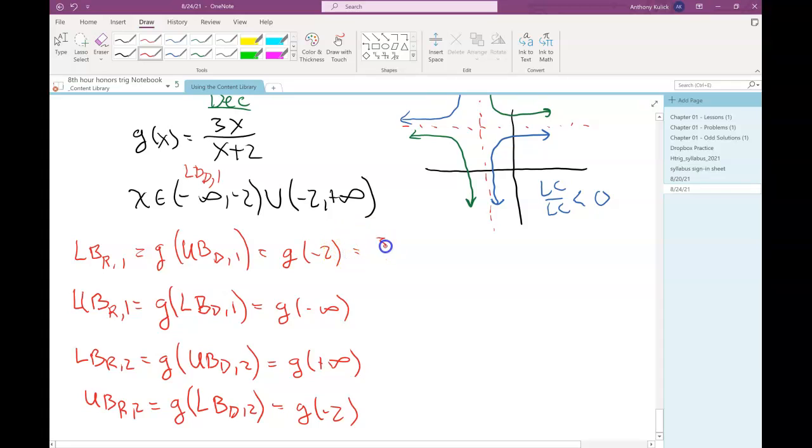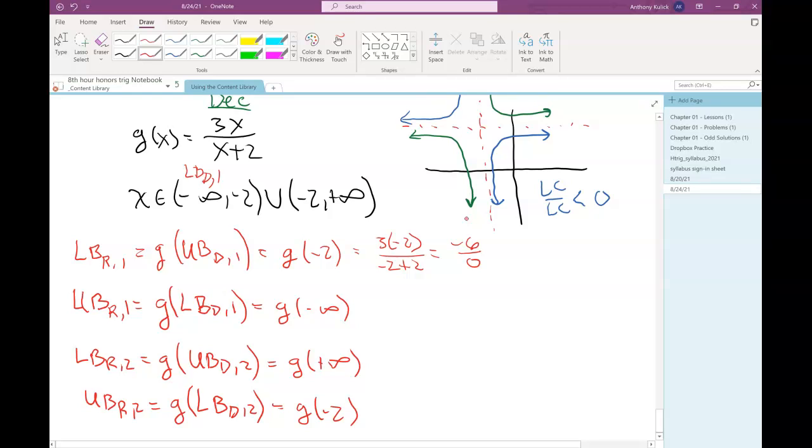So g of negative 2, 3 times negative 2, over negative 2 plus 2. That gives me negative 6 over 0, right? Now, what is dividing by 0 really representing? We know that we say that's undefined. So if I want to divide something into no parts, I would need to chop it up infinitely much, right?